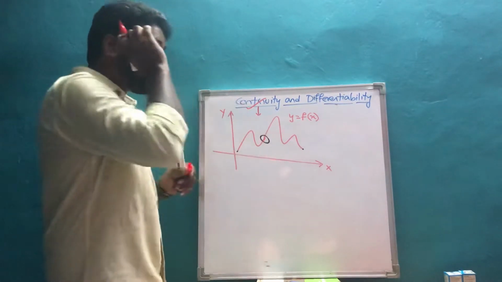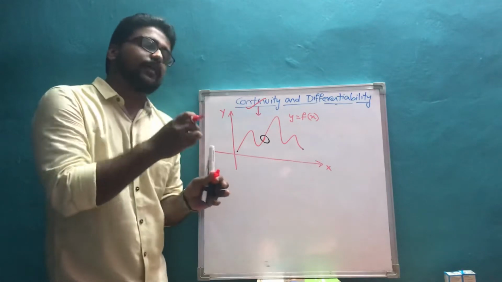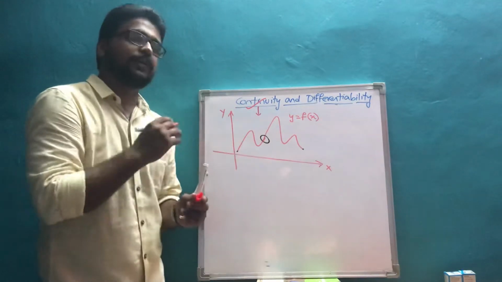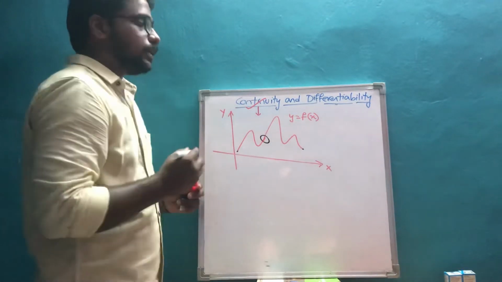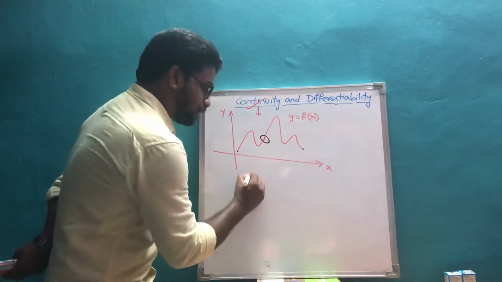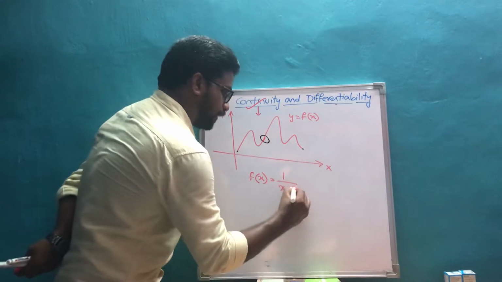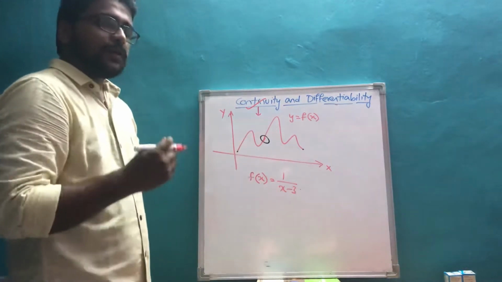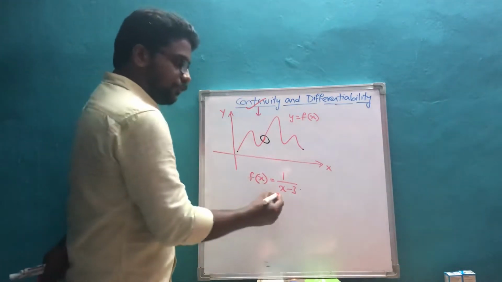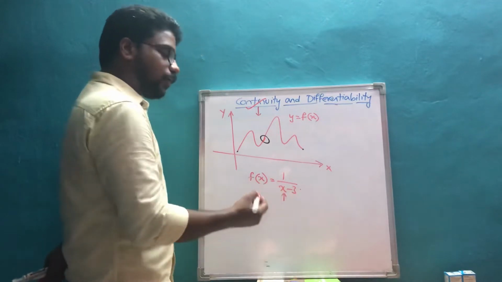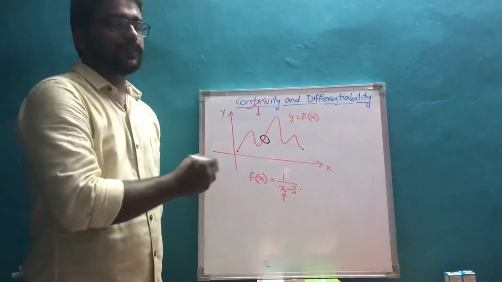So what is the point of discussing this break or gap in the curve? Let me give you a simple example. For example, if I take f of x is equal to 1 by x minus 3, you can give different inputs for x and accordingly you will get different values of f of x.